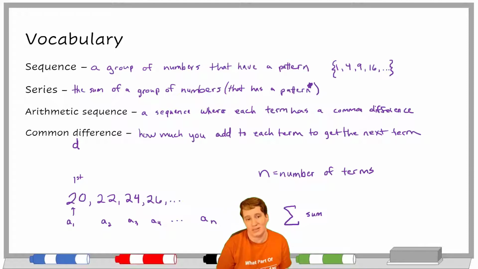The other one I'm seeing, because I'm looking at the workbook to make sure I get everything, they use the letter S, and S usually means that you're finding the sum. So if I asked you like S of 5, which was a terrible number to pick because it also looks like an S, this would be the sum of the first 5 terms of whatever my sequence would be.